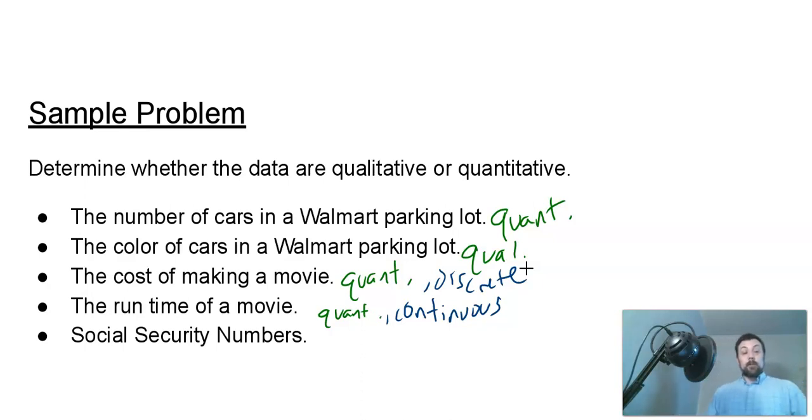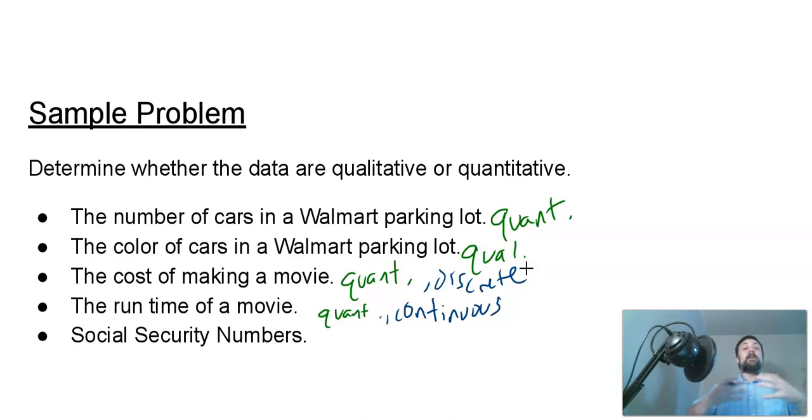Now, Social Security numbers, would that be qualitative or quantitative? Now, these are numbers, but Social Security numbers are actually qualitative data. It's like having a name. There's my name, and then another label the government gives me is my Social Security number. The number itself is kind of meaningless.